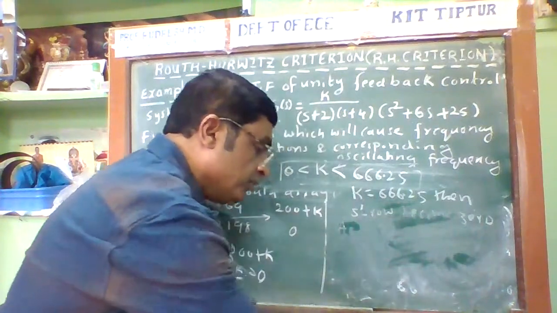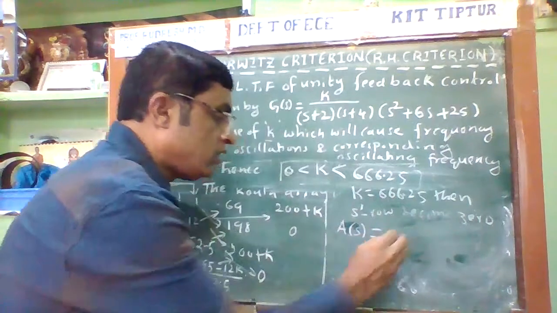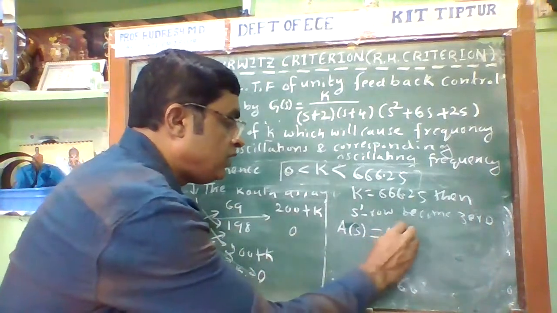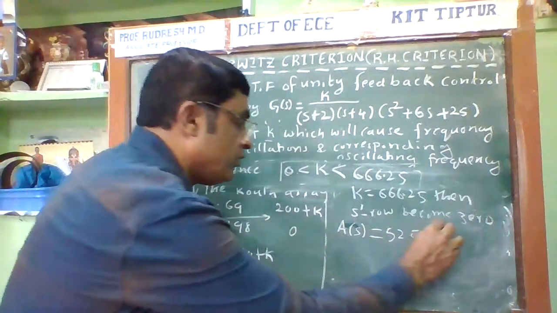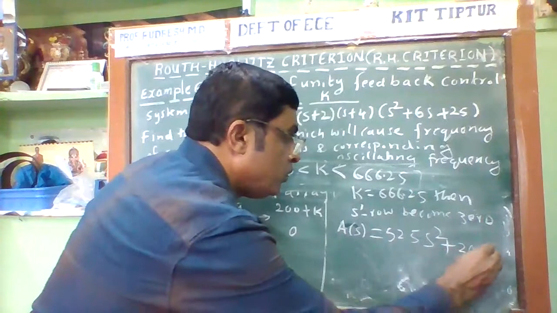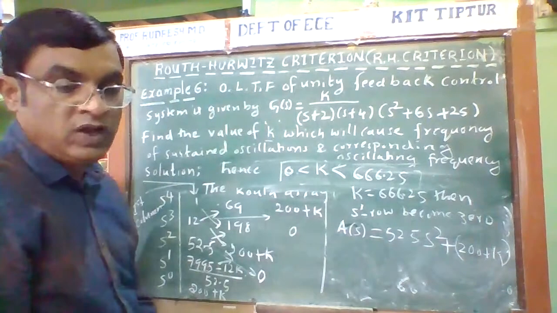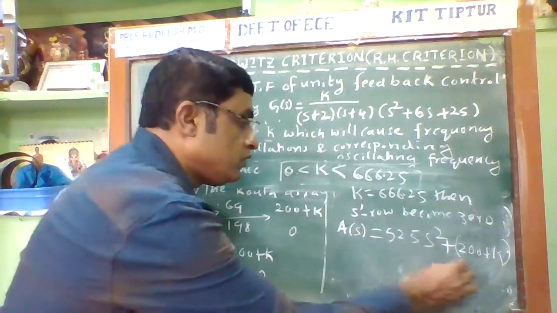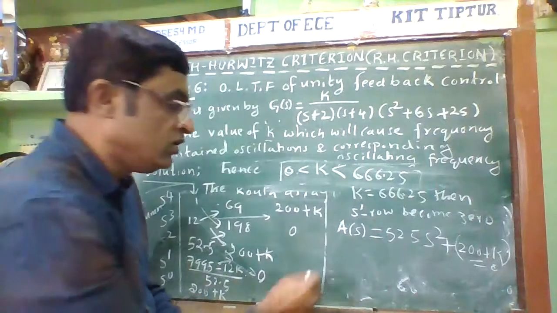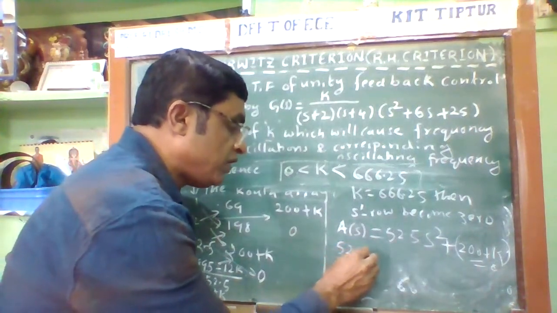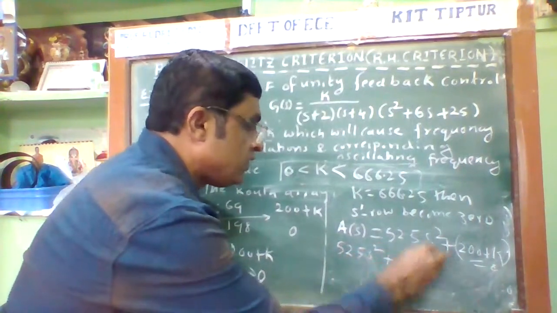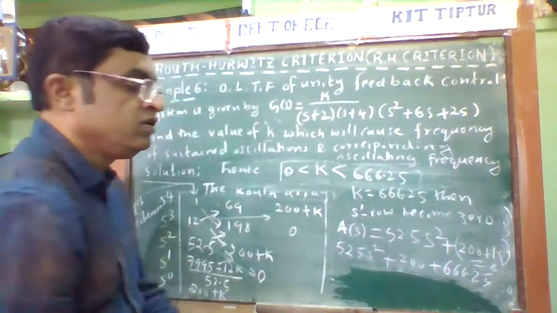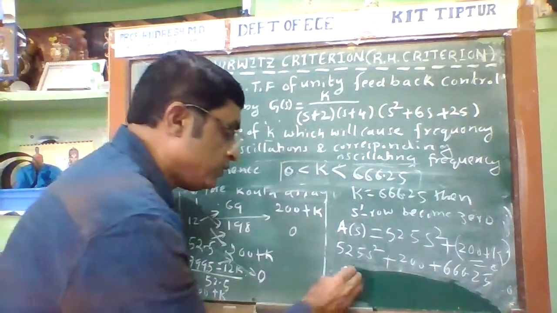The auxiliary equation A(S) is equal to 52.5 S square plus (200 plus K), equal to 0. Now substitute K. When K is 666.25, we have 52.5 S square plus 200 plus 666.25 equal to 0.